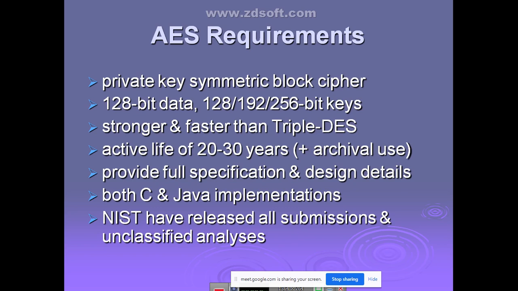See, these algorithms you can implement using Java and C. Both implementations are available. And NIST, that is the standards body, has released all the submissions and the unclassified analysis on the AES. Clear, guys?